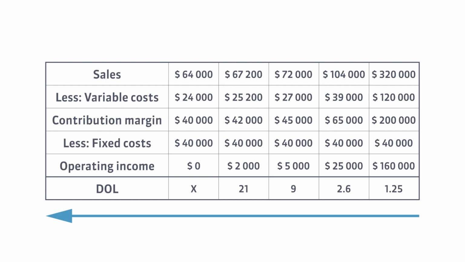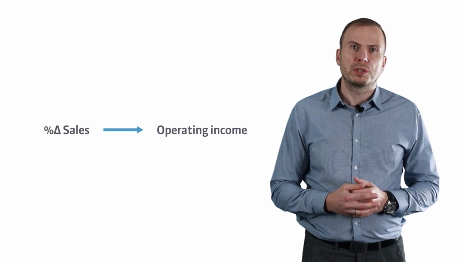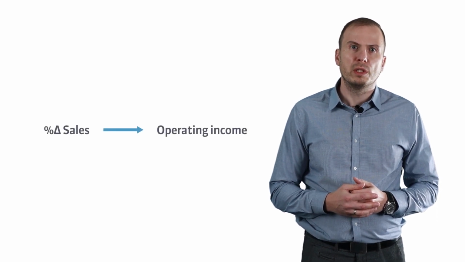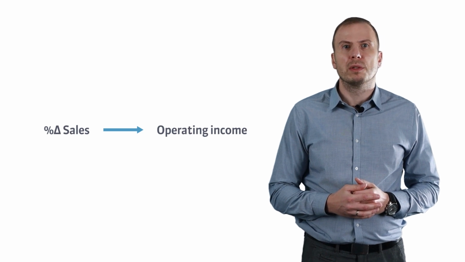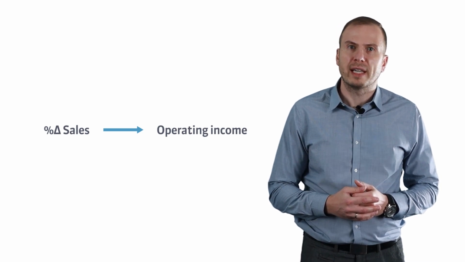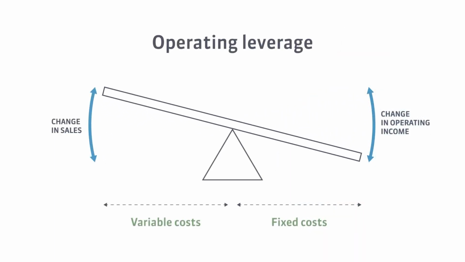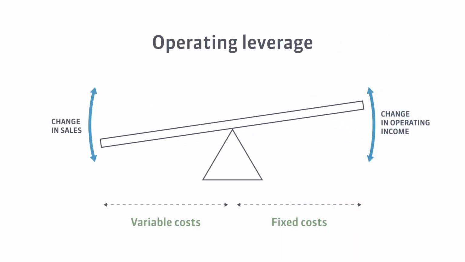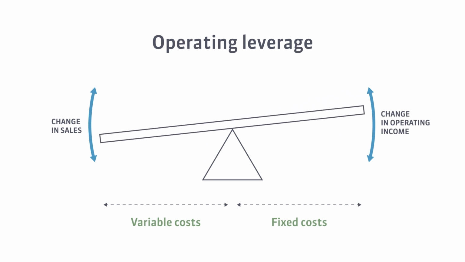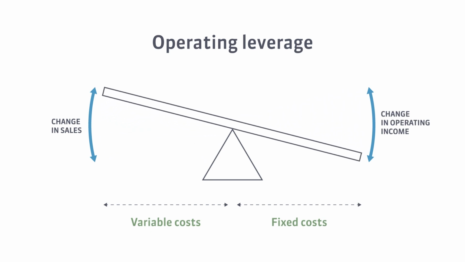It's time for conclusions. The degree of operating leverage will tell you how much operating income will change in response to a change in sales. The use of operating leverage is possible thanks to a combination of fixed and variable costs.